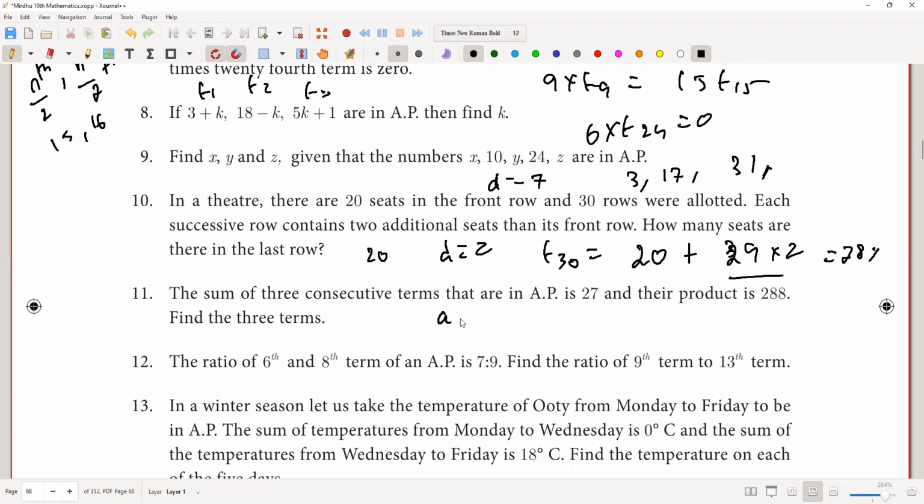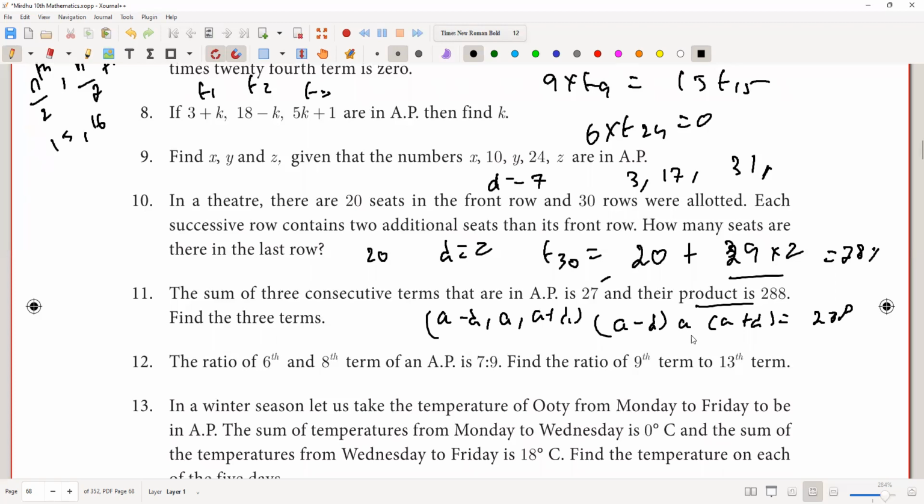Okay. Sum of 3 consecutive terms: A minus D, A, A plus D. You'll be getting A. Here, the product is given, so multiplication. A minus D into A into A plus D equal to 288. So you'll be getting A equal to 9.